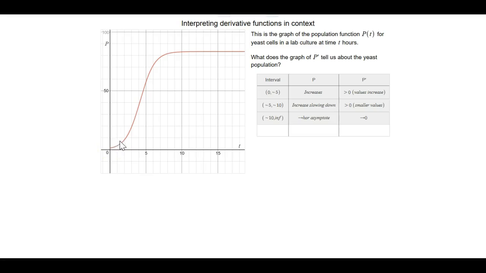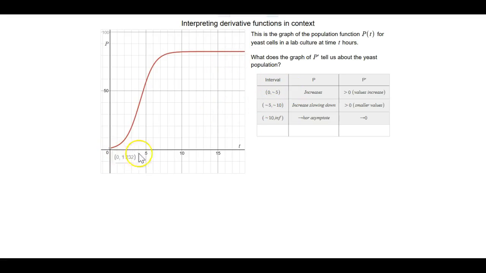And then notice that the curve starts out increasing rapidly. It's increasing at an increasing rate until it gets about here. And here it's still increasing, but its rate of increase has to be slowing down because it's approaching this horizontal asymptote up here.